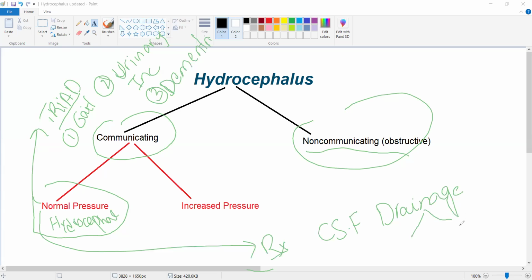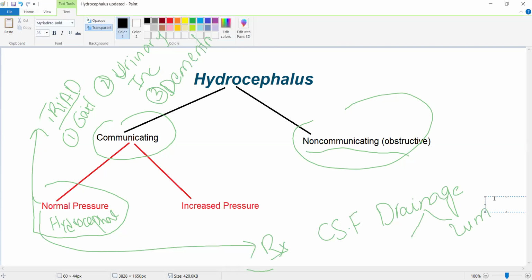There are two ways, lumbar puncture or shunt placement. So the normal pressure hydrocephalus triad is gait abnormality, urinary incontinence, and dementia, and you will treat it with CSF drainage, which may be shunt placement or lumbar puncture.